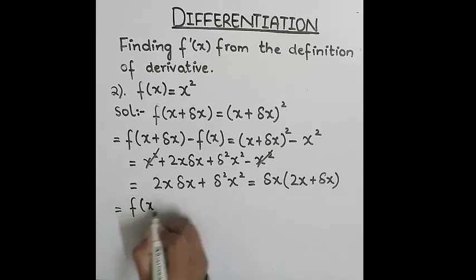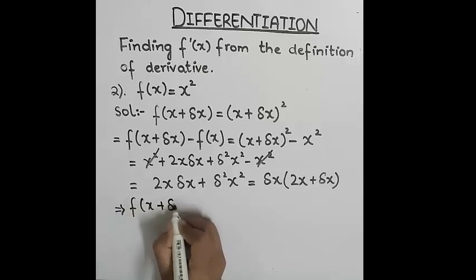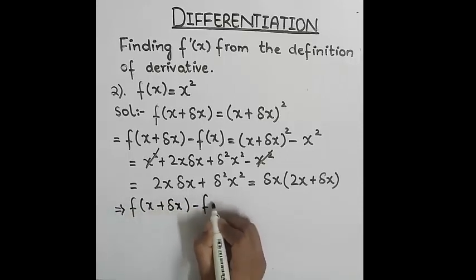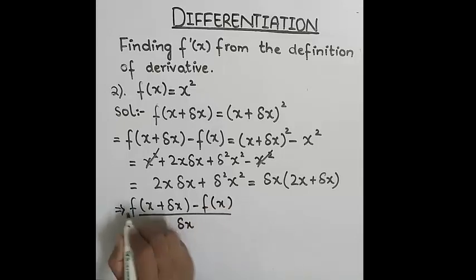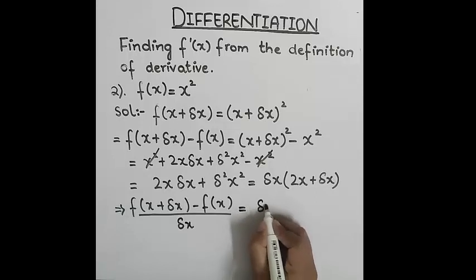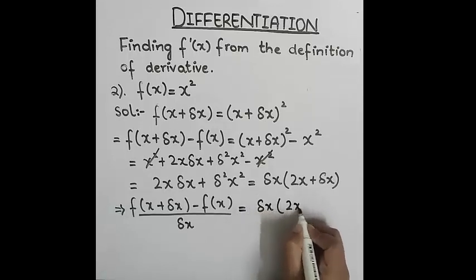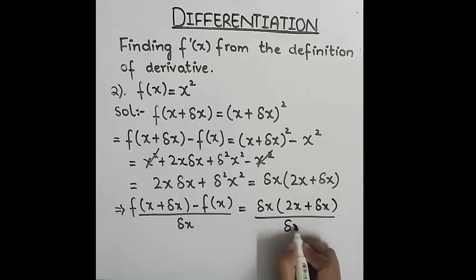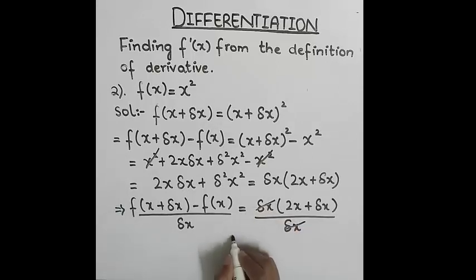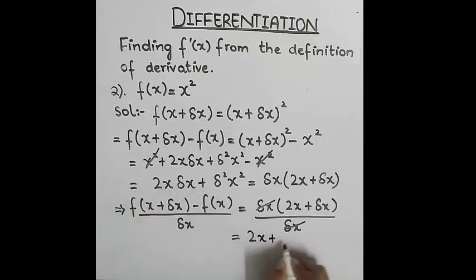So f of x plus delta x minus f of x, divided by delta x, is equal to delta x times (2x plus delta x), divided by delta x. So this delta x and delta x can be cancelled out, and the answer for this expression is 2x plus delta x.